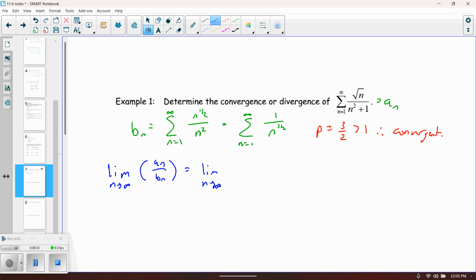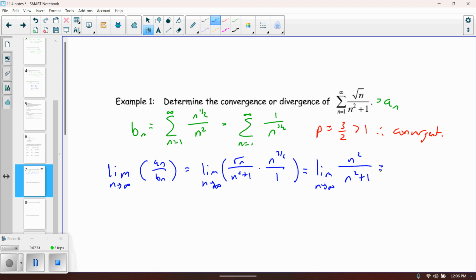So a sub n was the square root of n over n squared plus 1. And now remember, when you divide by b sub n, you're dividing by 1 over n to the 3/2. It's multiplying by its reciprocal, so this will be times n to the 3/2 over 1. And if you were to distribute all this stuff out, which you don't actually have to do, but I'll do it in this case, the numerator would be n to the 1/2 times n to the 3/2, which is n to the 4/2, or n squared, over n squared plus 1.